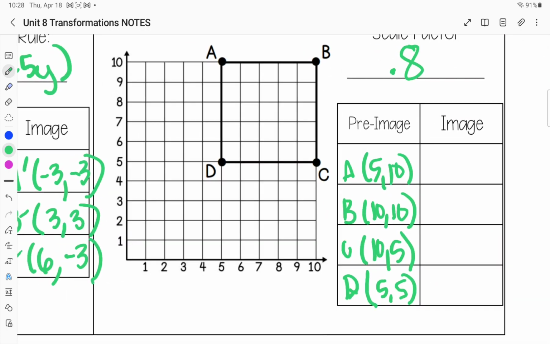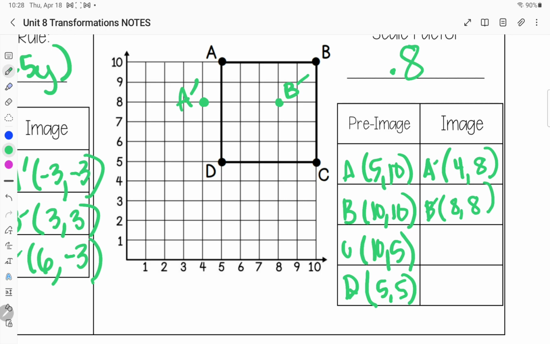So when I do 5 times 0.8, I'm going to get 4. When I do 10 times 0.8, I'm going to get 8. So this point becomes 4 and 8. You can see it's shrinking. 10 times 0.8, we already know is 8. So this would be 8, 8.